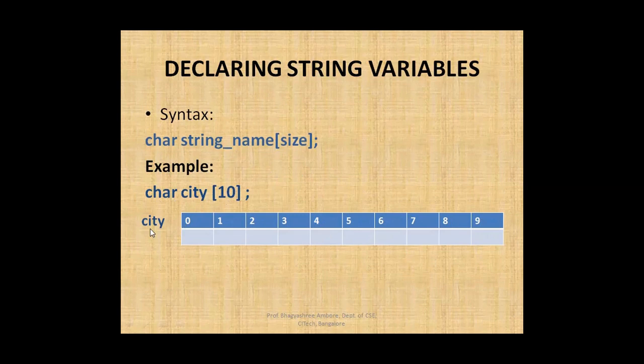How to refer to them? city[0], city[1], city[2], and so on till city[9]. Like a one-dimensional array, the subscript always starts with 0 and goes up to size minus 1. Because we start with 0, it ends with 9. Each location can hold only one character. That is the meaning of declaration.